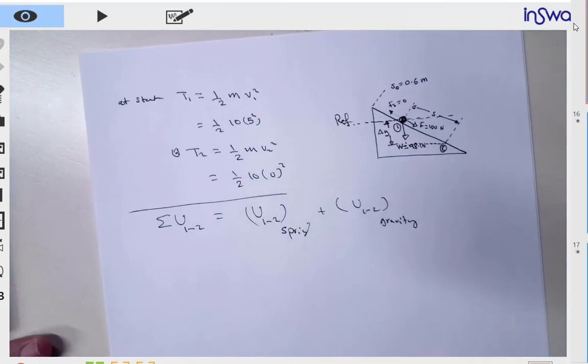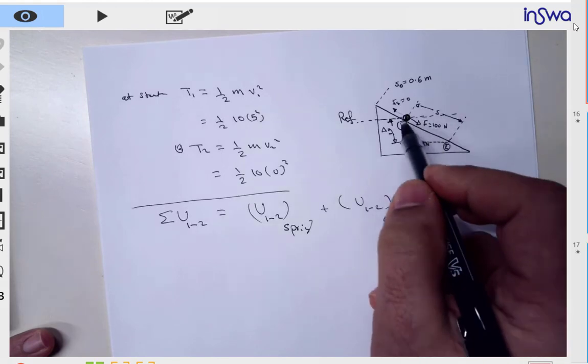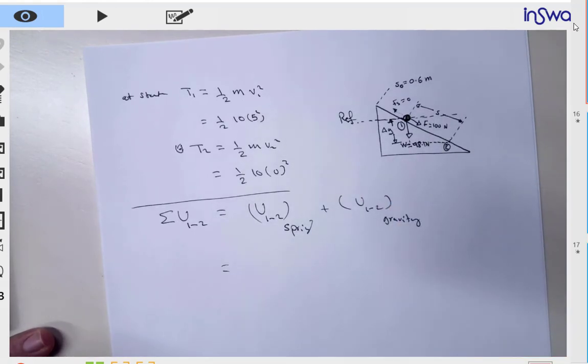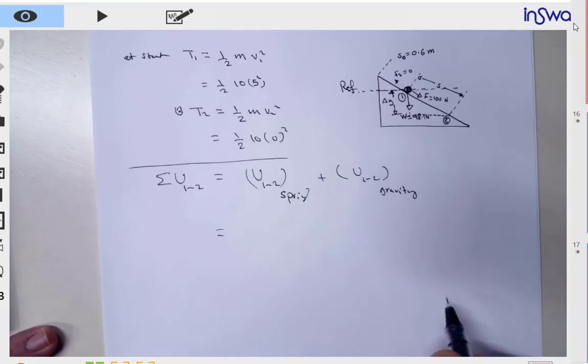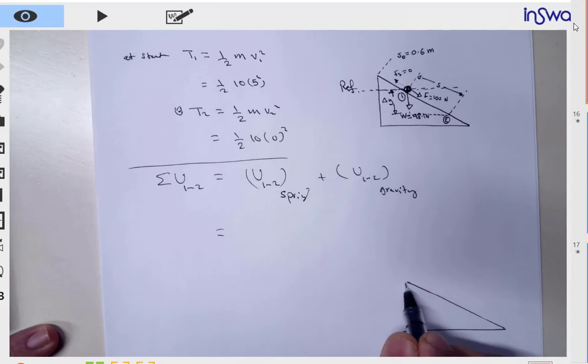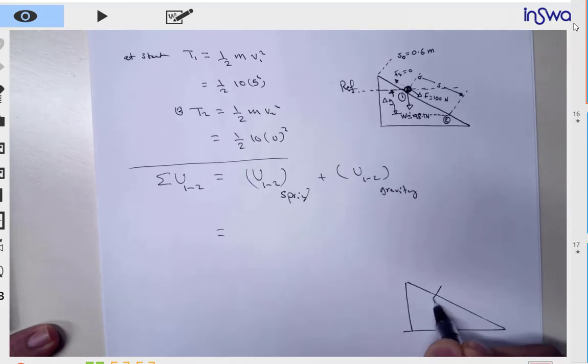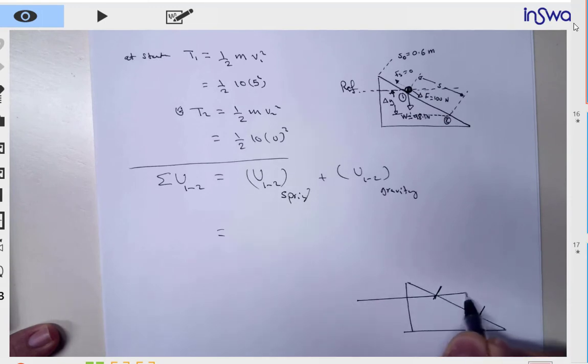So what is the work of the spring as it goes from here to here? I'm going to draw it again here to make it clear. This is state 1, this is state 2, and this is my reference point.